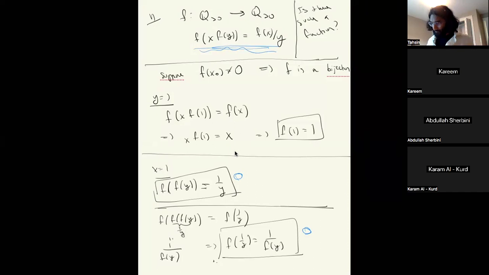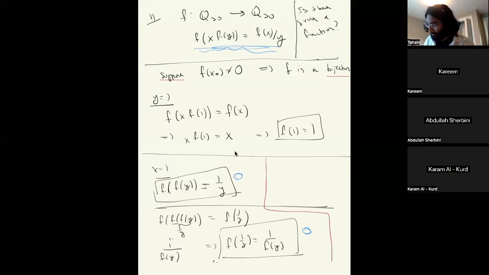Yeah, so maybe we can say, if we substitute y equals f of y, we can get f of x over y equals f of x all over y. Yeah, so maybe can you explain one more time?